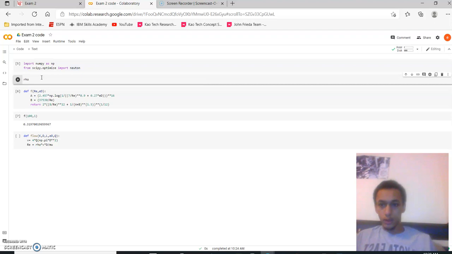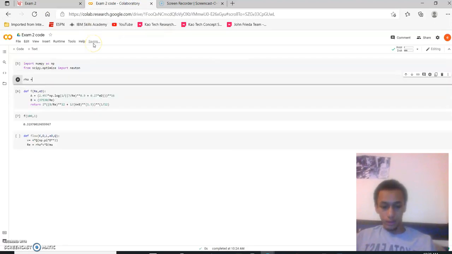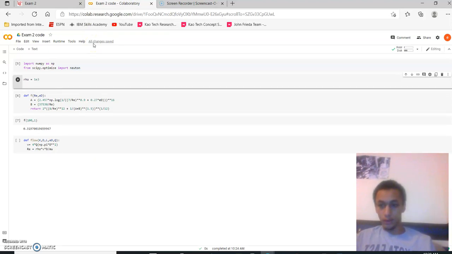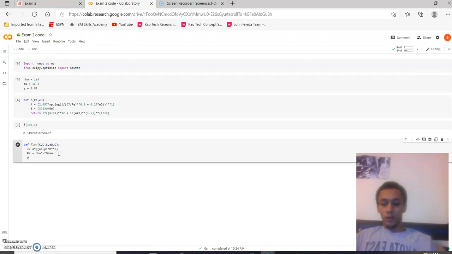So rho, I believe rho for water is 1e3. Mu is 1e-3. We're going to need g of gravity eventually, so equal 9.81. And we're going to want to return the right side of that Reynolds function.